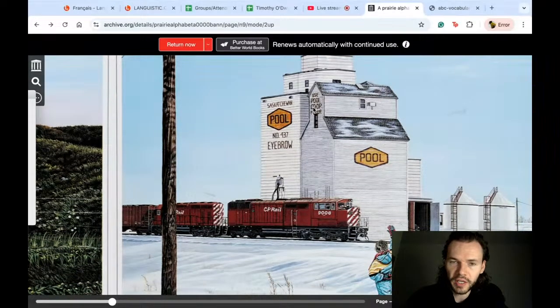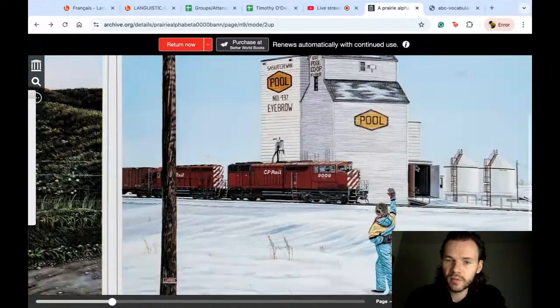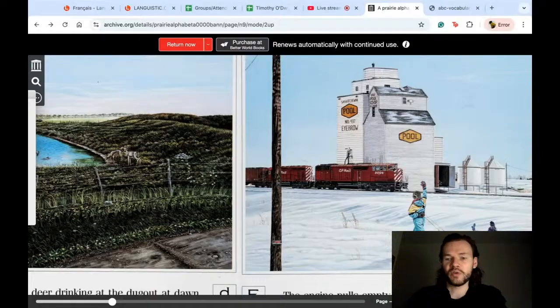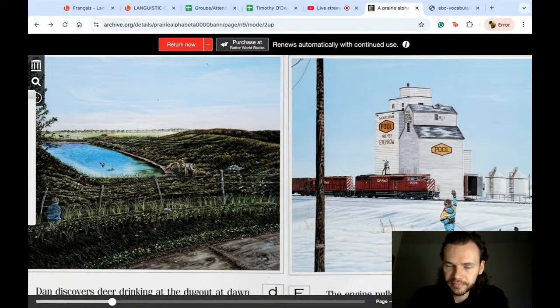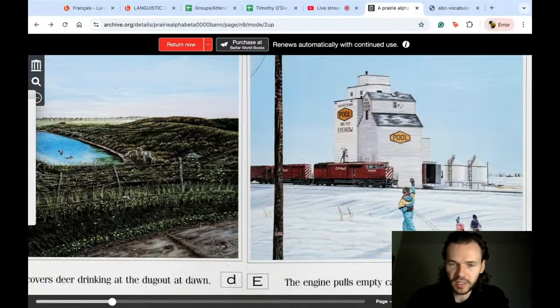And there's co-op again, just like the grocery bag that the boy had. Pool co-op flour. Not talking about the flower that grows from the ground, the flour that we cook with, the white stuff. Okay. So, the engine pulls empty cars up to the elevators.